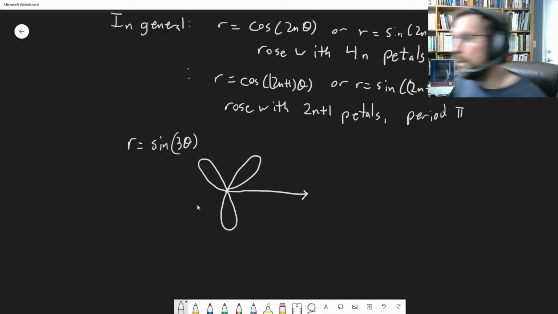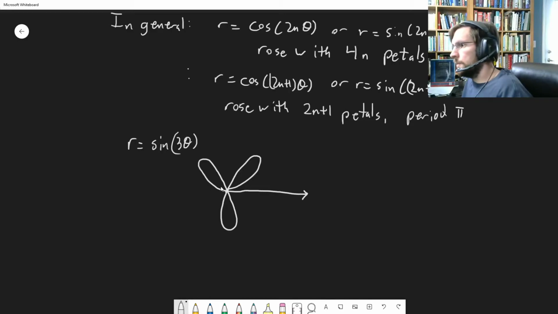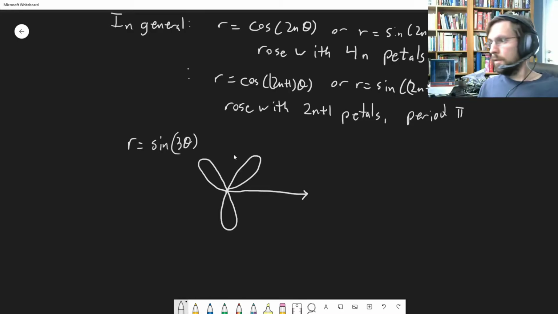Okay, r equals sine 3 theta should look something like this. Okay, and then we see we get 1, 2, 3 petals. But we've only gone pi, and you can take a minute or two and think about how we end up coming back and retracing this between pi and 2 pi.